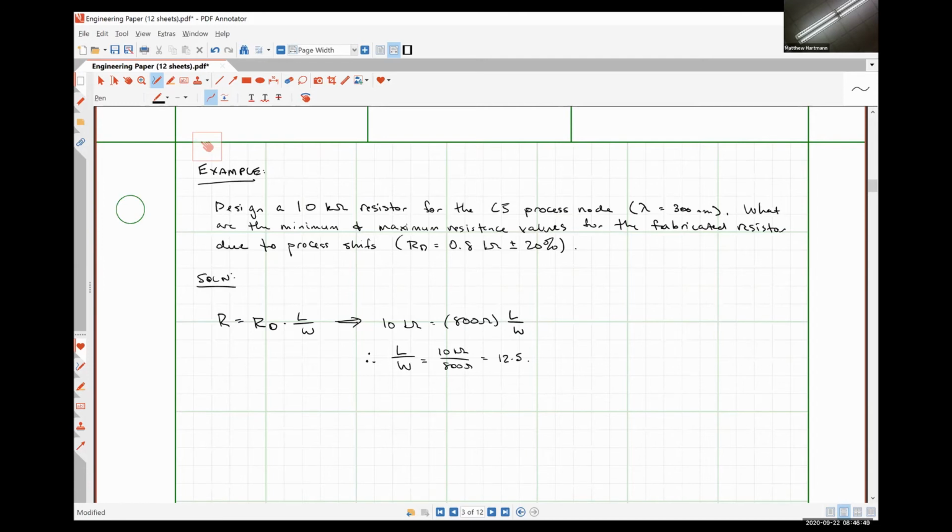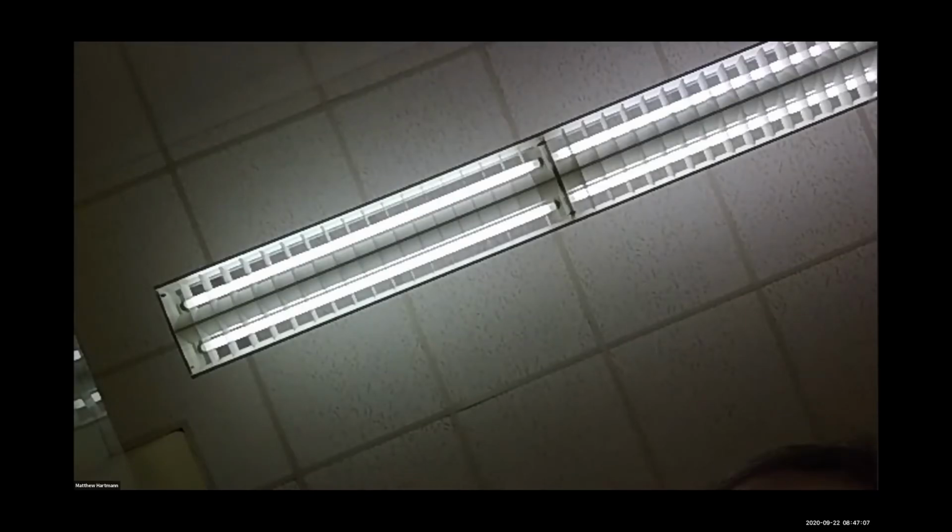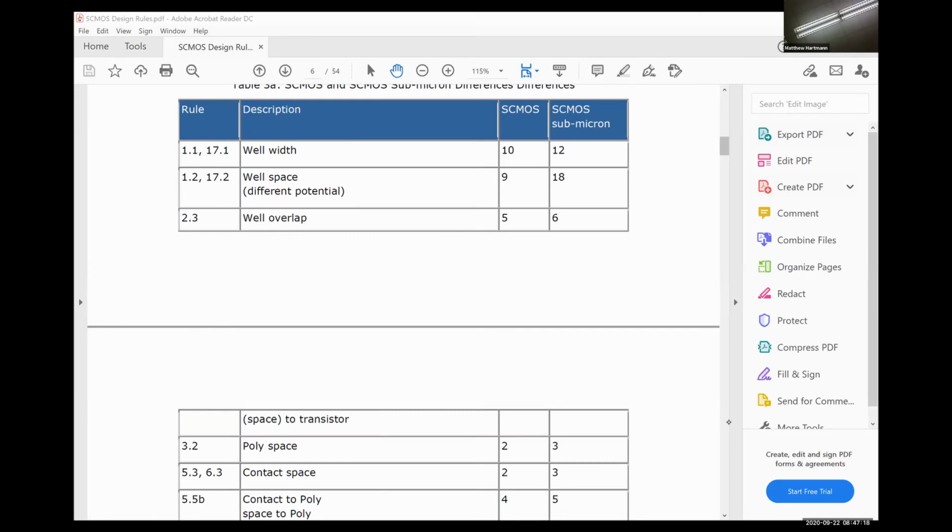There's a couple of things though that we need to look at if we want to see what the physical dimensions of the smallest possible resistor we could make is, okay? So let's look really quick at our design rules. So we are using the CMOS or SCMOS submicron rules.